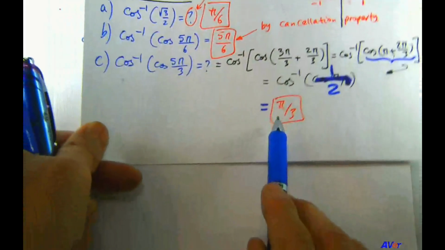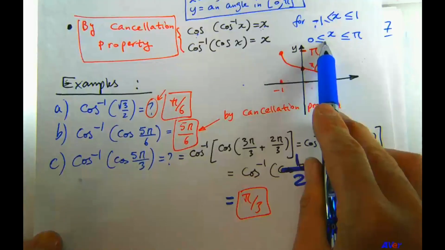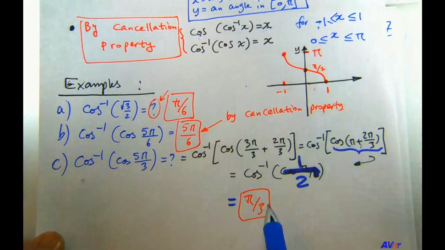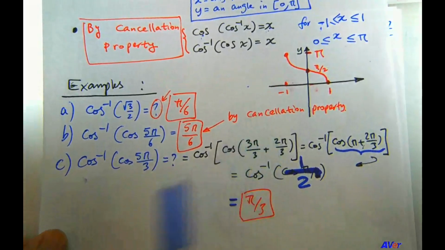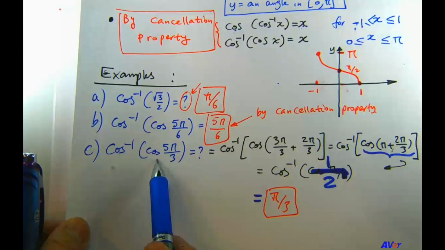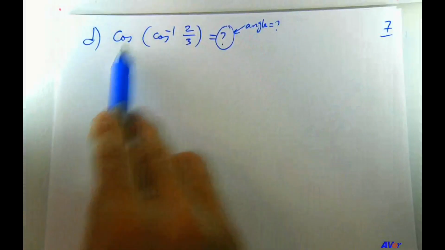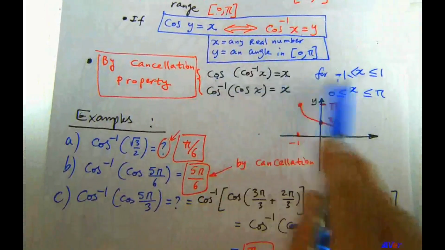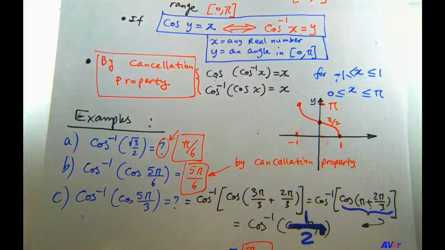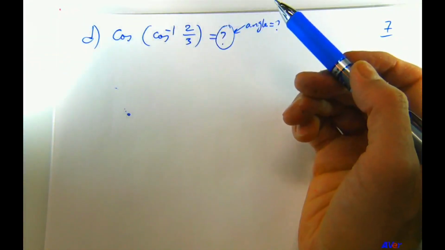And for sure, the answer we found here, pi/3, is within 0 and pi. It's a valid answer. But this time, in the next example, it's not inverse cosine of cosine. It's cosine of inverse cosine. So now this x, this question mark, should be in the range between -1 and 1, and 2/3 is between 1 and -1.